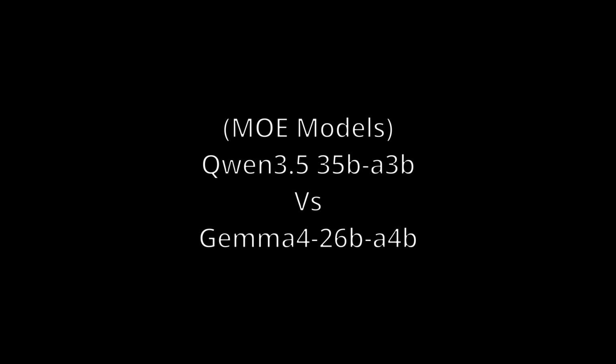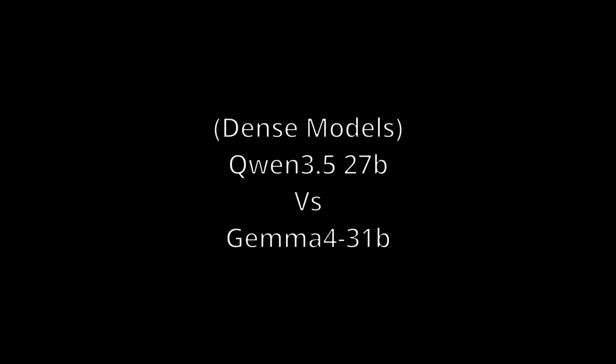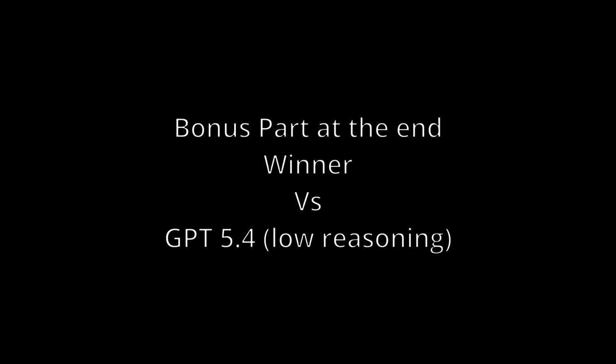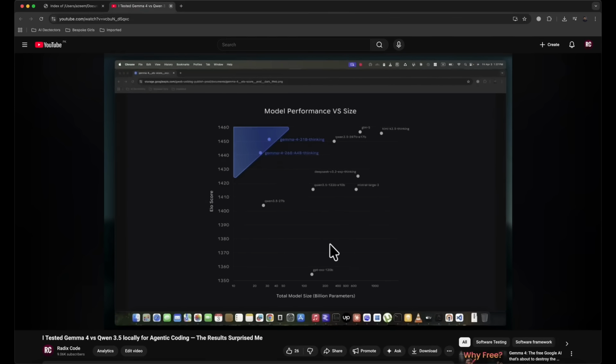Within this category, we will pick a winner. The second category is the dense models. In the dense models, we will be comparing the Qwen 3.5 27 billion dense model and the Gemma4 31 billion dense model. So let's compare the results that I got.